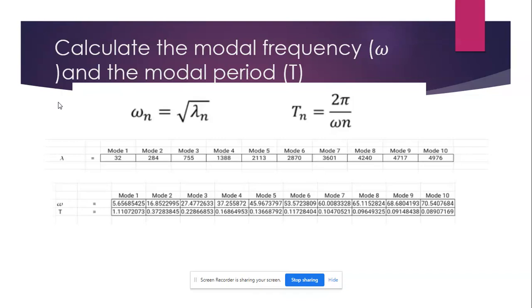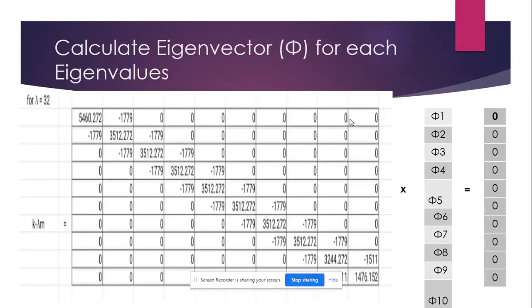Once you have the values of the modal frequency, solve the modal period using this formula, 2 pi over modal frequency. But as you can see, we cannot solve this because all the values here are zero.